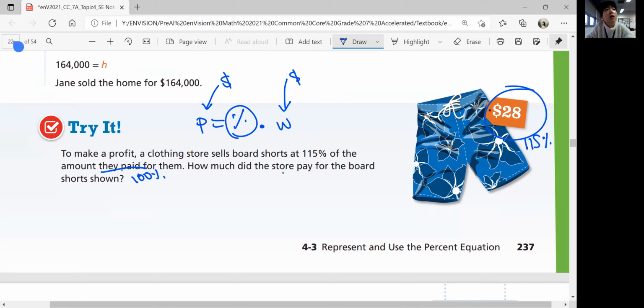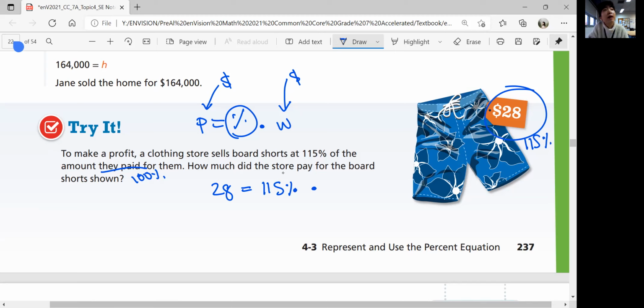And in this example, your part is actually the bigger part, 28. So 28 is equal to the percent. The part is greater, and that's totally fine, but your decimal is going to be greater than 1, times the whole, which is the 100% they paid.